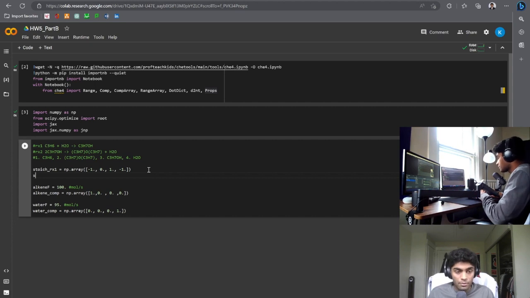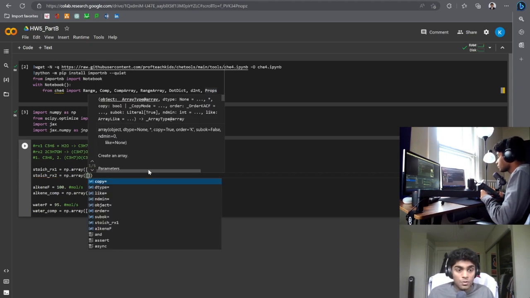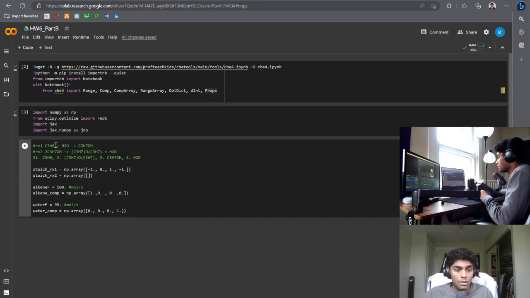Now for the second reaction, stoich reaction 2. Now for this one, we are consuming 2 moles of our isopropanol to produce 1 mole of diisopropyl ether and 1 mole of water. So we are not doing anything with our propylene.